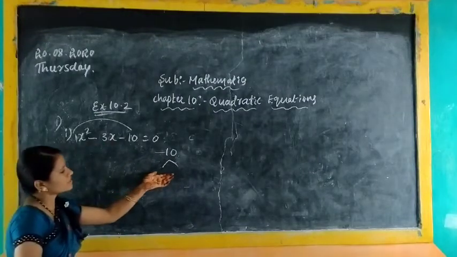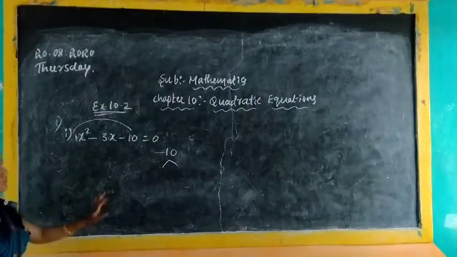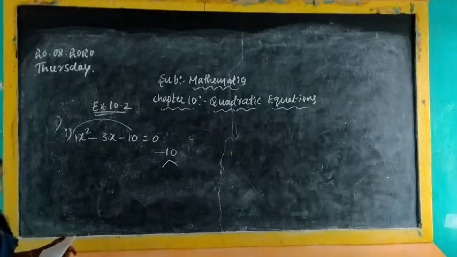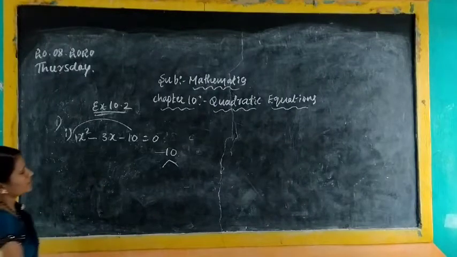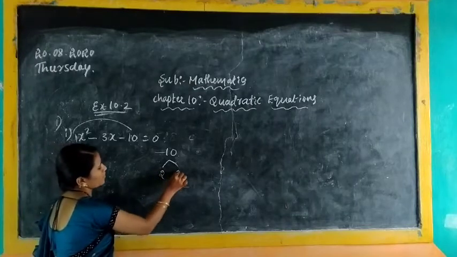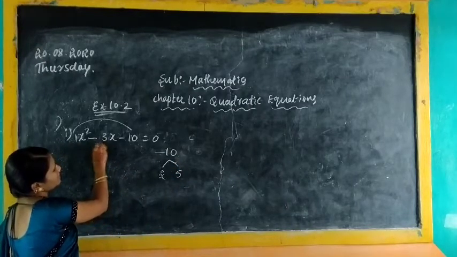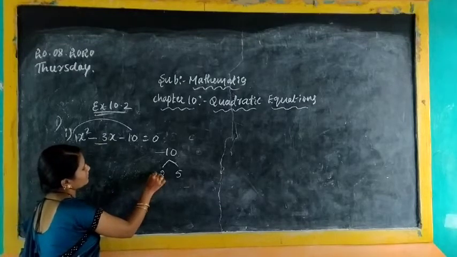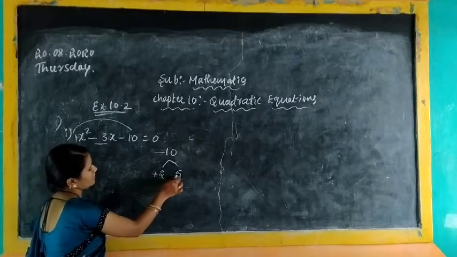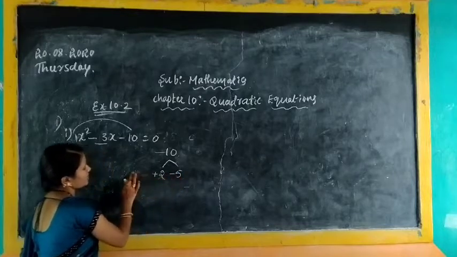You have to consider two values. 2 5s are 10. I need minus 3, so I will keep a plus sign for 2 and a minus sign for 5.